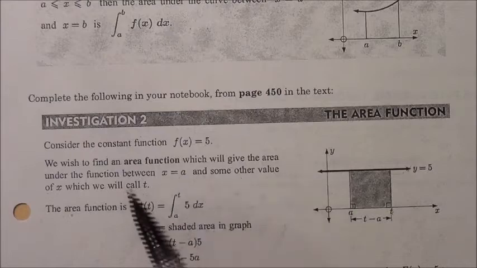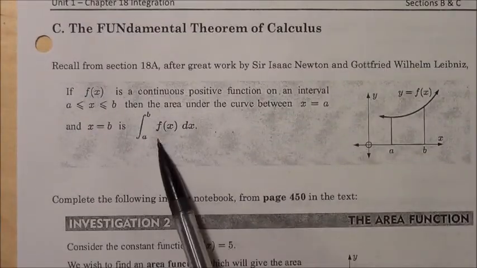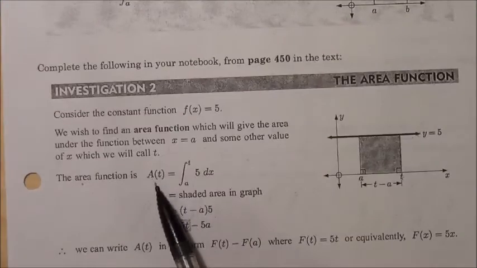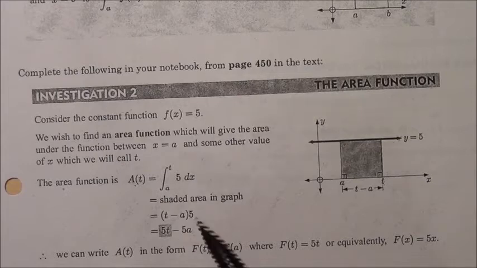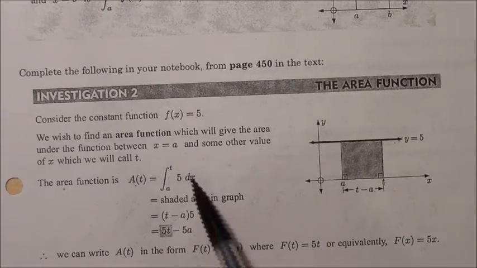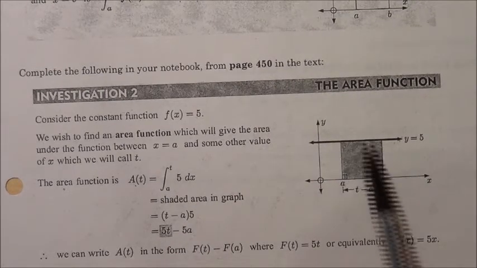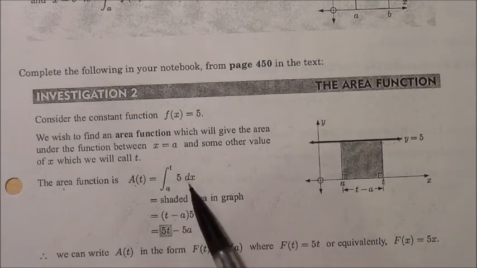So x equals a and then x equals t. So using this integral notation, the area in terms of t is the integral from a to t of 5. So we're finding the area under this line, y equals 5, between a and t.